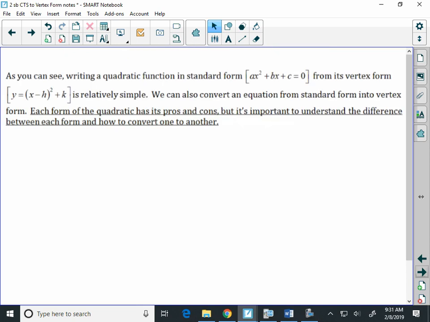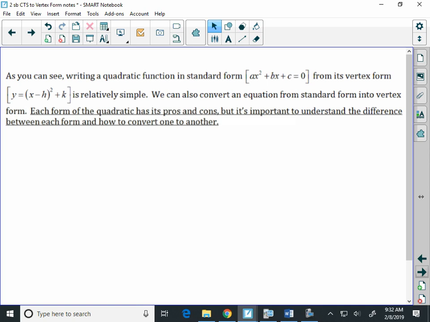The thing is, we started with our second equation in here, y equals a(x minus h) squared plus k, and we converted it back to y equals ax squared plus bx plus c. We can go the other direction. We can start in our standard form, ax squared plus bx plus c, and turn it into y equals a(x minus h) squared plus k.